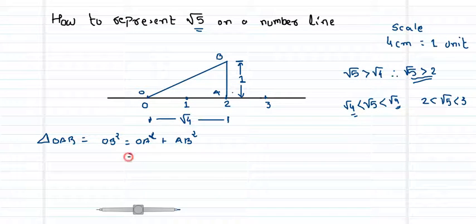So what is OA square? OA is root 4, square, plus AB square, that is 1.